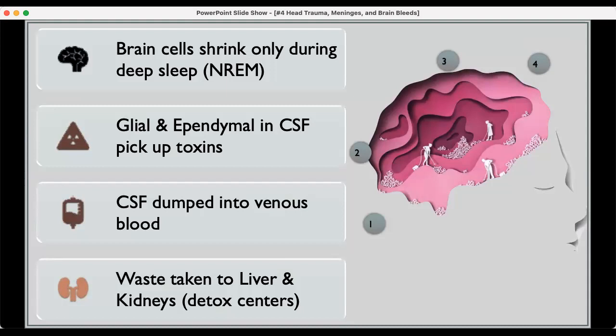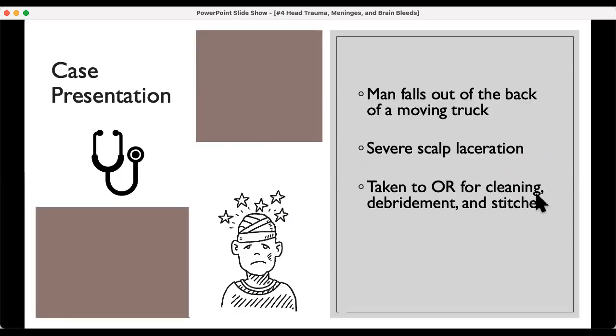And then these glial cells and ependymal cells in the cerebrospinal fluid pick up the toxins, and the ependymal cells actually are sweeper cells, and they sweep them, continually moving the cerebrospinal fluid as it gets dumped into a venous sinus, and then that venous blood is taken to the liver and kidneys, which are your detox centers for detoxification and waste removal.